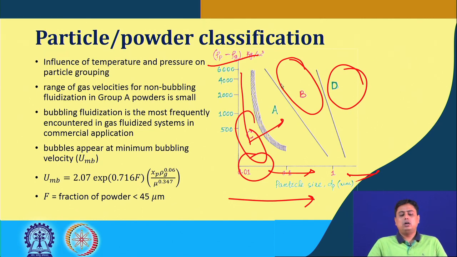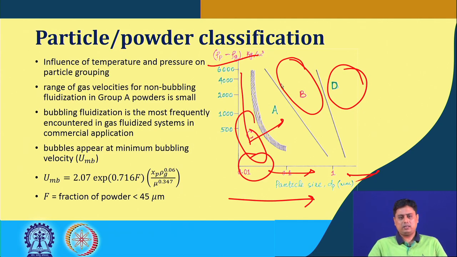So, the point is that this category is at ambient condition. Does it mean that group C particles can never be fluidized? It can be, but at a different temperature and pressure.